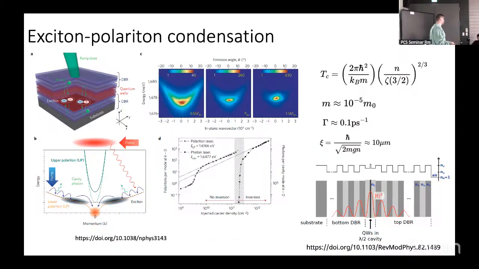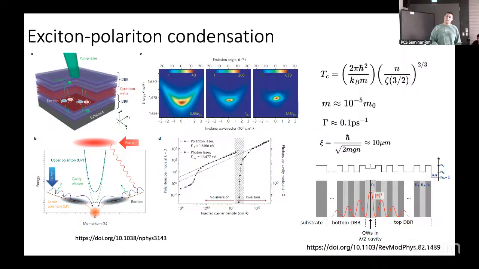We can quantize their interaction, and the resulting quasi-particle is the exciton polariton. This is the scheme of the structure at the left upper side of the slide.